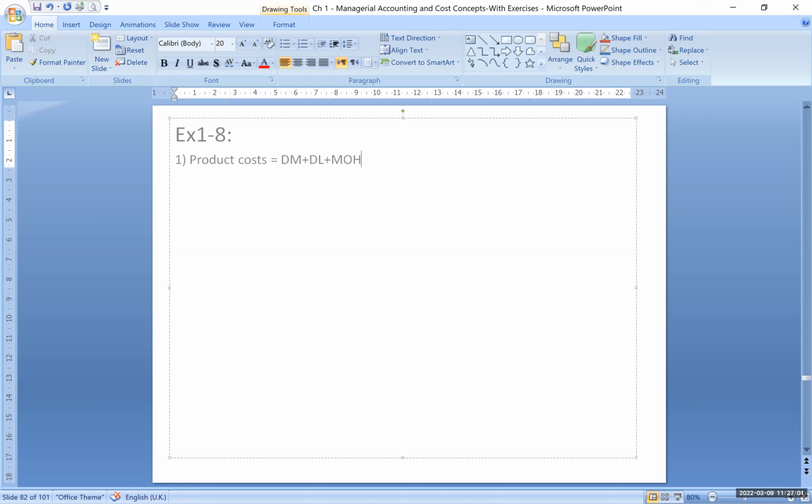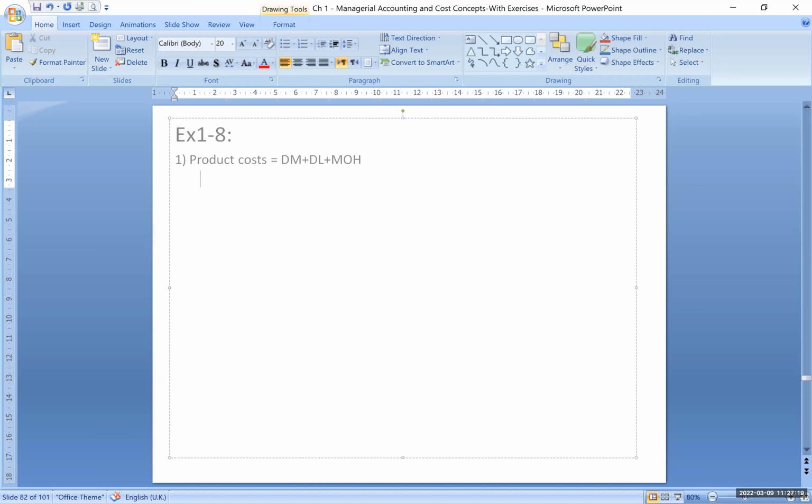Manufacturing overhead. For the question, be careful that they give me the variable manufacturing overhead per 1 unit and the fixed manufacturing overhead per 1 unit, but we are limited to the level of activity.